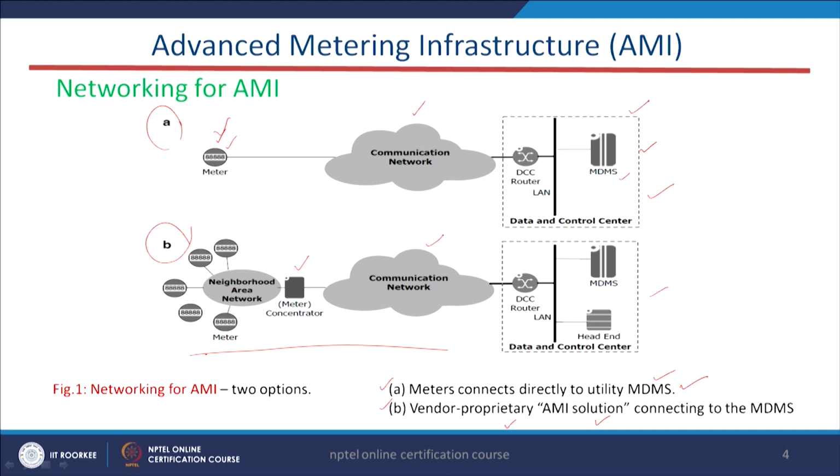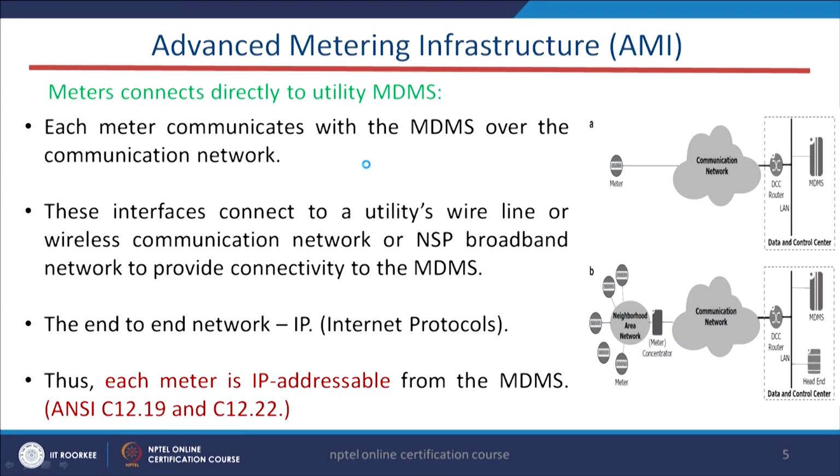This architecture, this configuration, is different from the earlier one. And we will talk more about all the components and what the functions of each component are. Now, if we come to the first one, meters connected directly to the MDMS system. What is the function here?